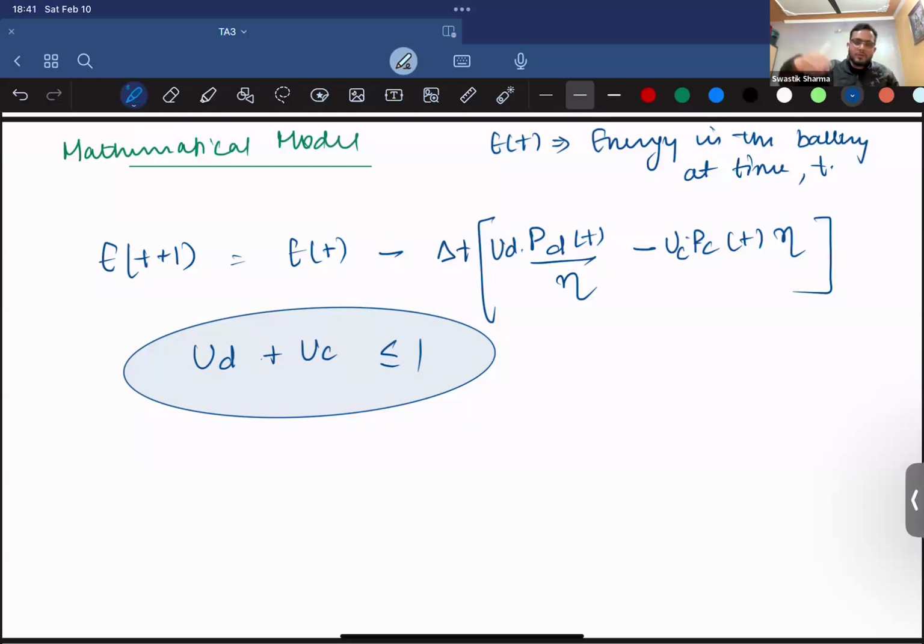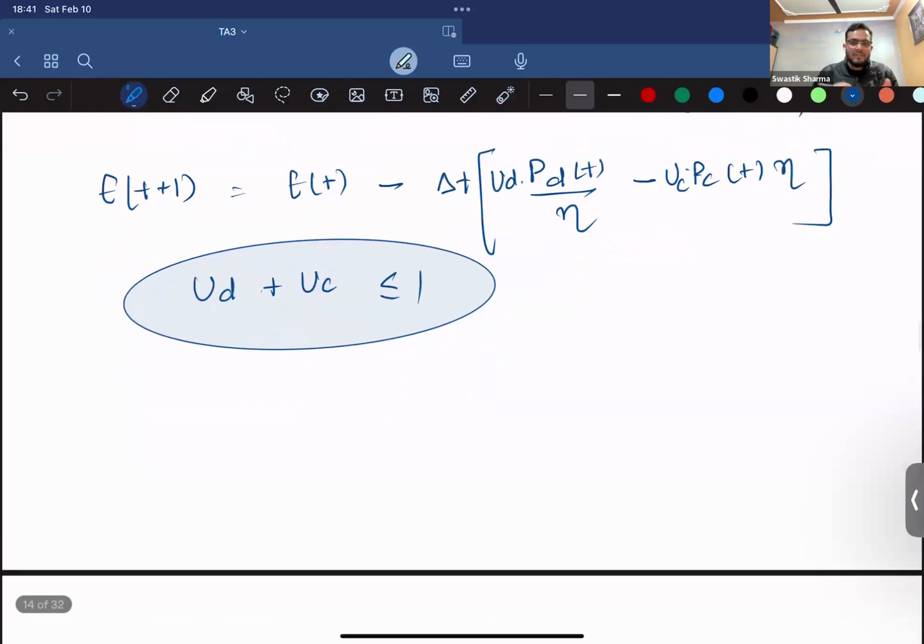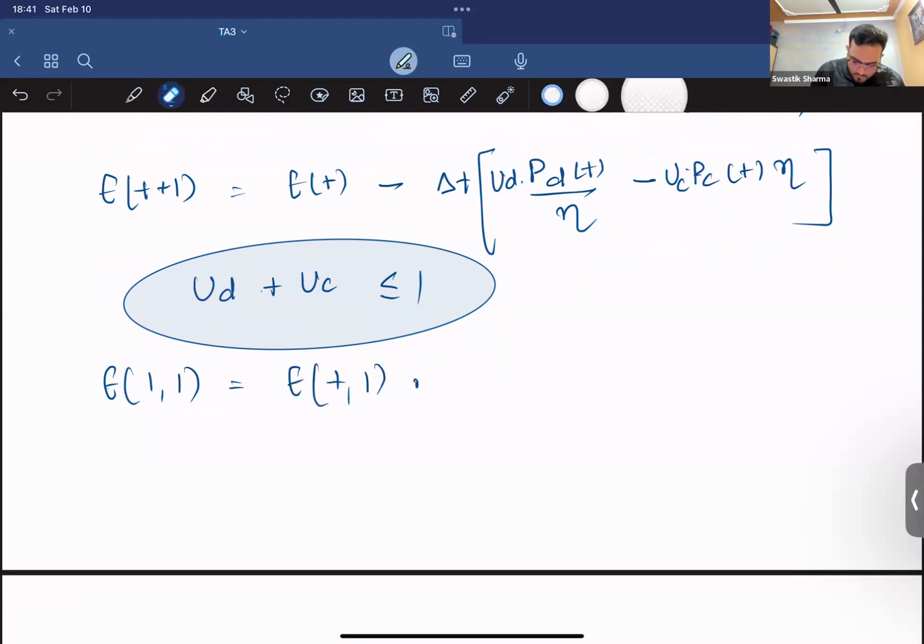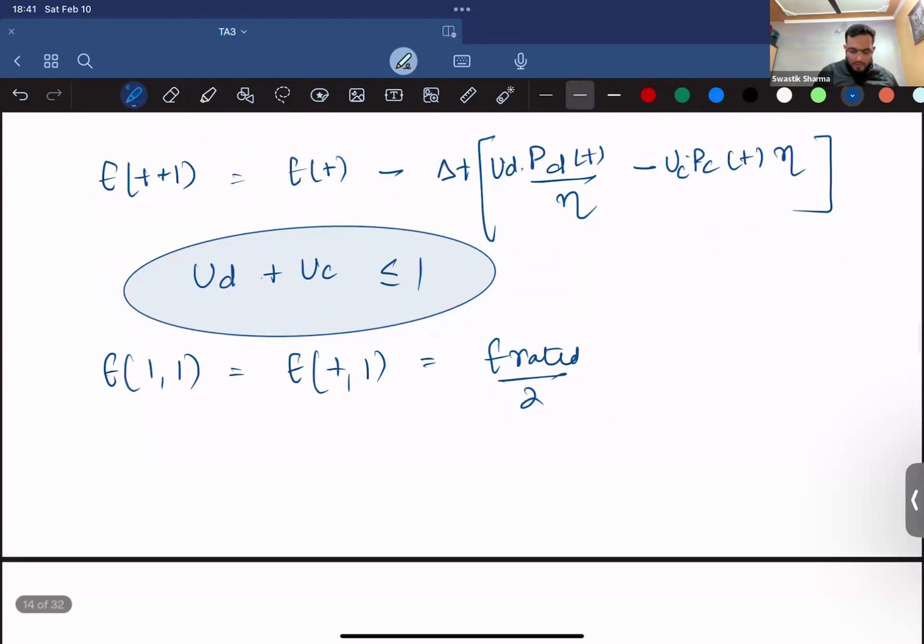Otherwise, if it starts going up and down, the whole mathematical side of it will become difficult to solve. So we generally do it like this. If the battery during the initial stage, which is E1, is equal to the energy 24 hours from now, which is T1, which is equal to E rated by 2, right?